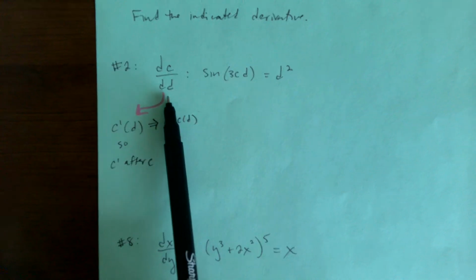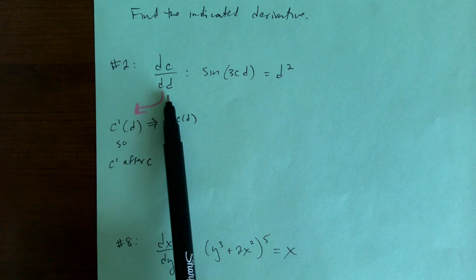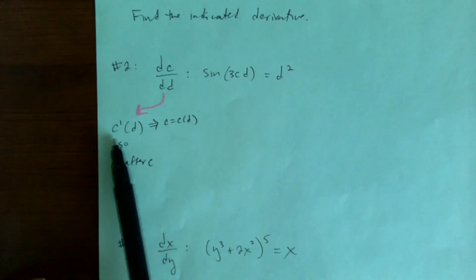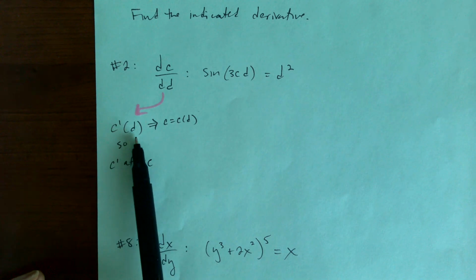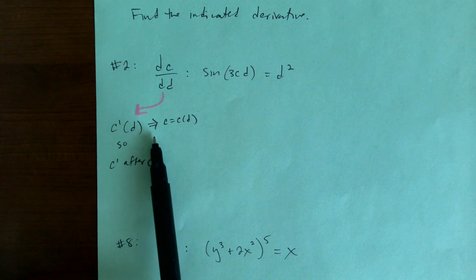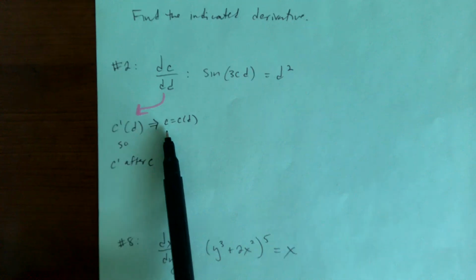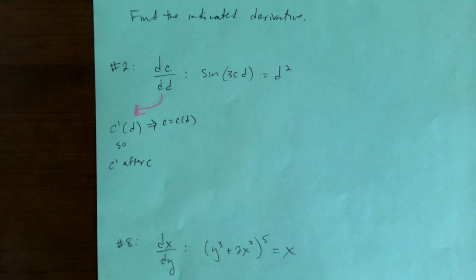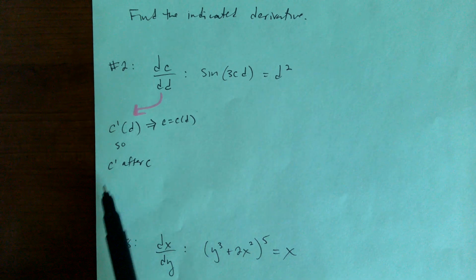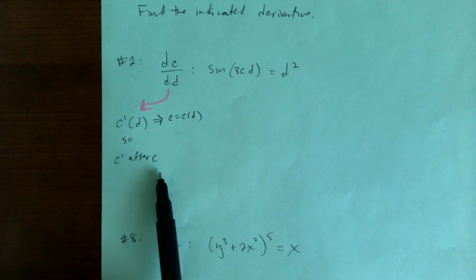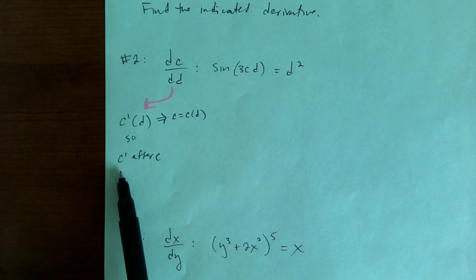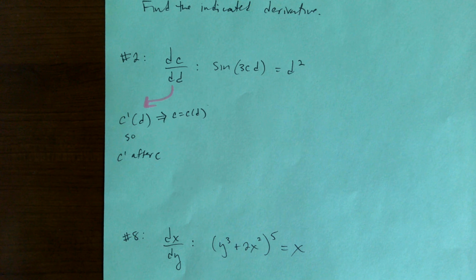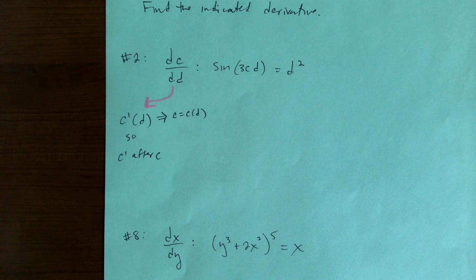But they're asking to find dc/dd, which means in prime notation c prime of d, which implies that c is actually c of d. So c is dependent on d. That means you're going to need a c prime after c, because c prime is the derivative of the inside. Whenever you're taking the derivative of a c part, you're actually using chain rule on that.